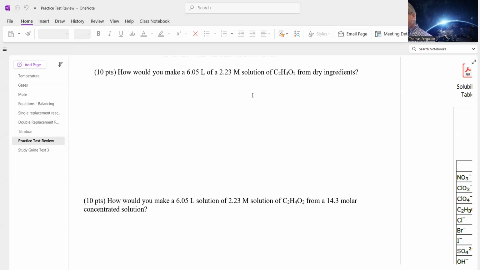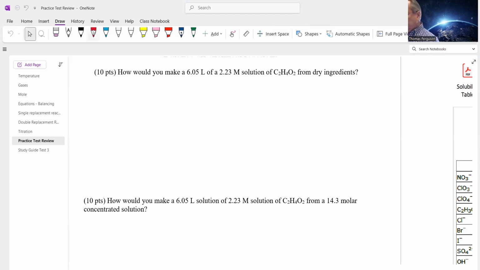Since tomorrow is a dry lab, I'm going to give everyone extra time as well, so you can have up to like 2 hours to do this thing if you need it.